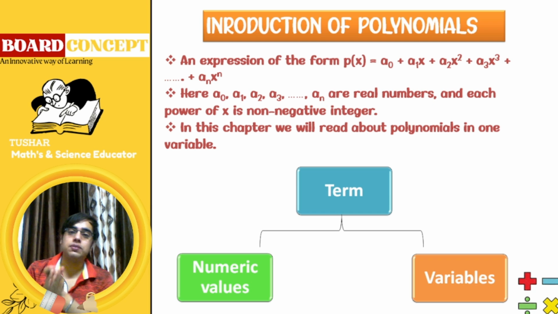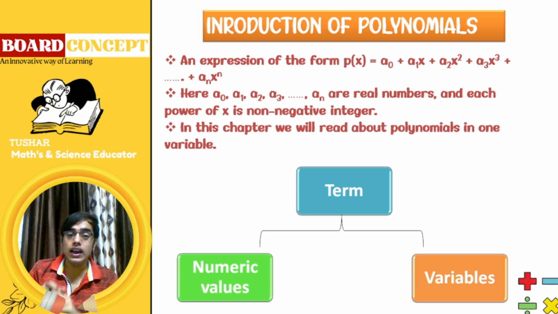Now an expression of the form p(x), a polynomial, equal to a0 plus a1x plus a2x square plus a3x cube up to an x to the power n. What are a0, a1, a2? Here a0, a1, a2 are real numbers and each power of x is a non-negative integer.